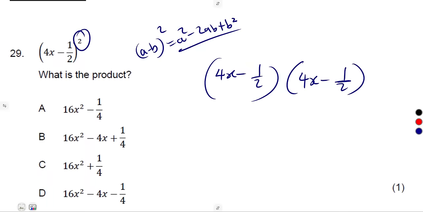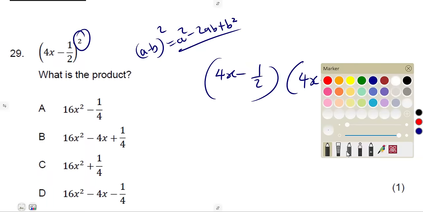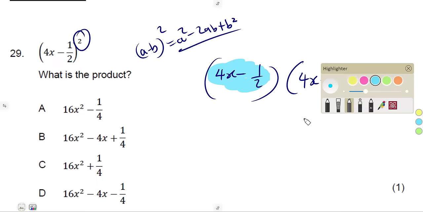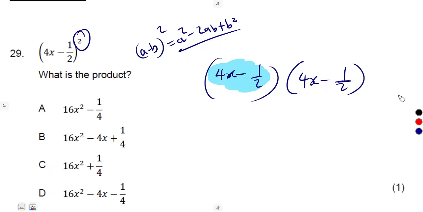The FOIL method, one bracket expands the other. Simpler like that. So let's consider the first term, which is 4x. So we are going to have 4x times 4x. So that's 4 times 4, which is 16x squared, x and x.